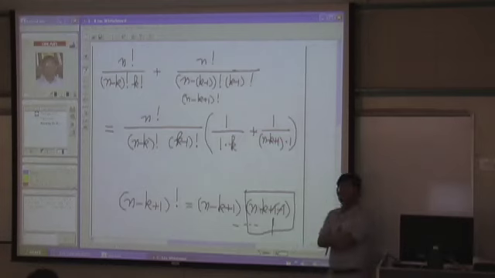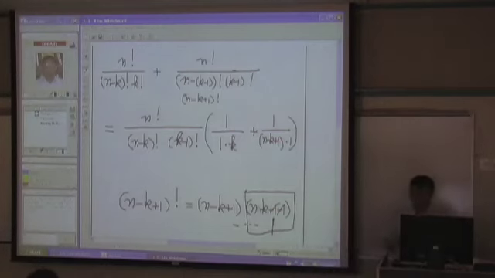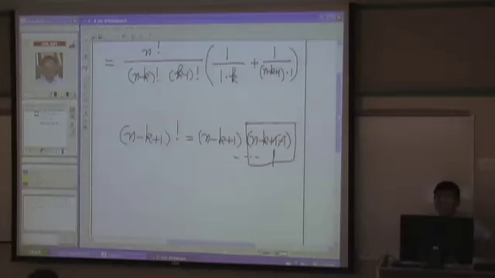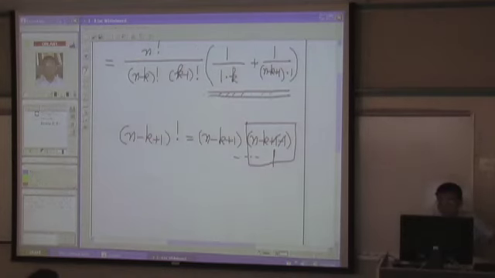Any other questions? Then let's write down the complex part. I will extract this complex part and then calculate. So 1 over k plus 1 over n minus k plus 1.